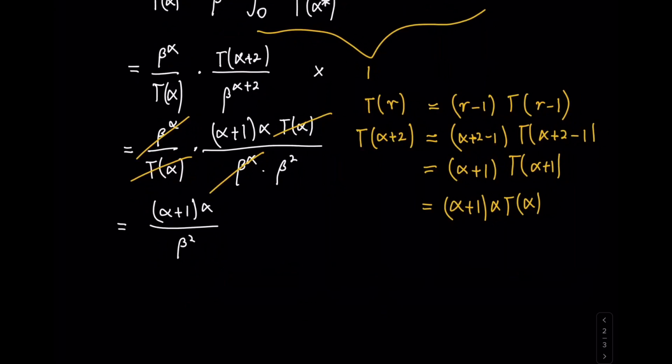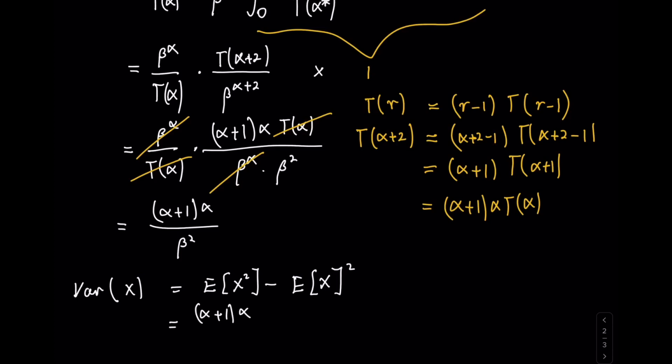And so now we can compute the variance of x, which by definition is the expected value of x squared minus the expected value of x all squared, which in this case becomes (alpha plus 1) alpha on beta squared minus (alpha on beta) all squared.